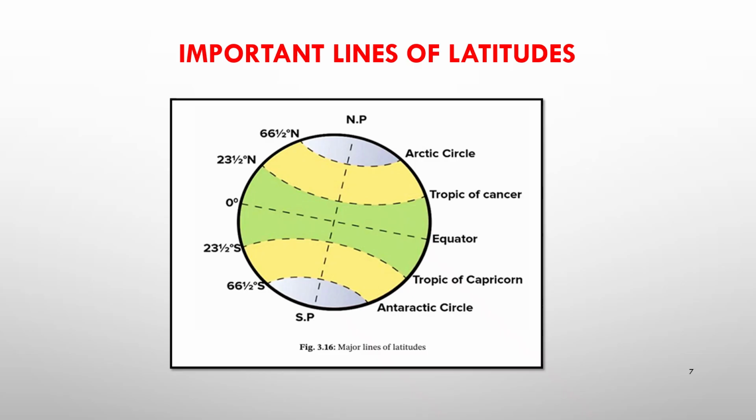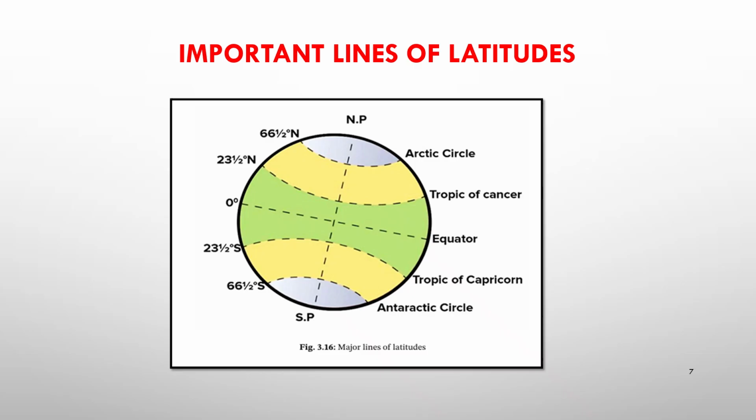Number 3, the Tropic of Cancer. The Tropic of Cancer is located at 23.5 degrees north of the equator. This latitude marks the northern boundary of the tropical zone. So at the Tropic of Cancer, the sun is directly overhead at noon during the summer solstice.